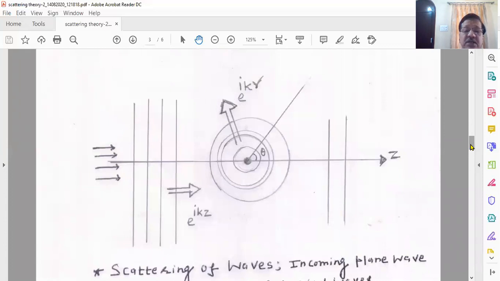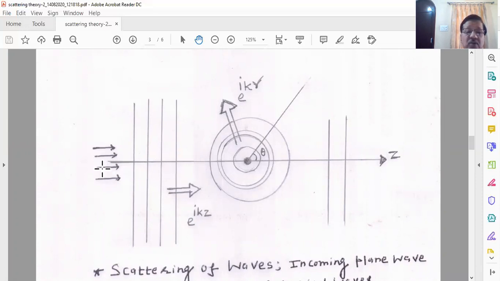Consider that you have a beam of incident particles directed along the z-axis. This is your polar axis along which you direct your beam. The beam is monoenergetic, with identical particles moving along the z direction.